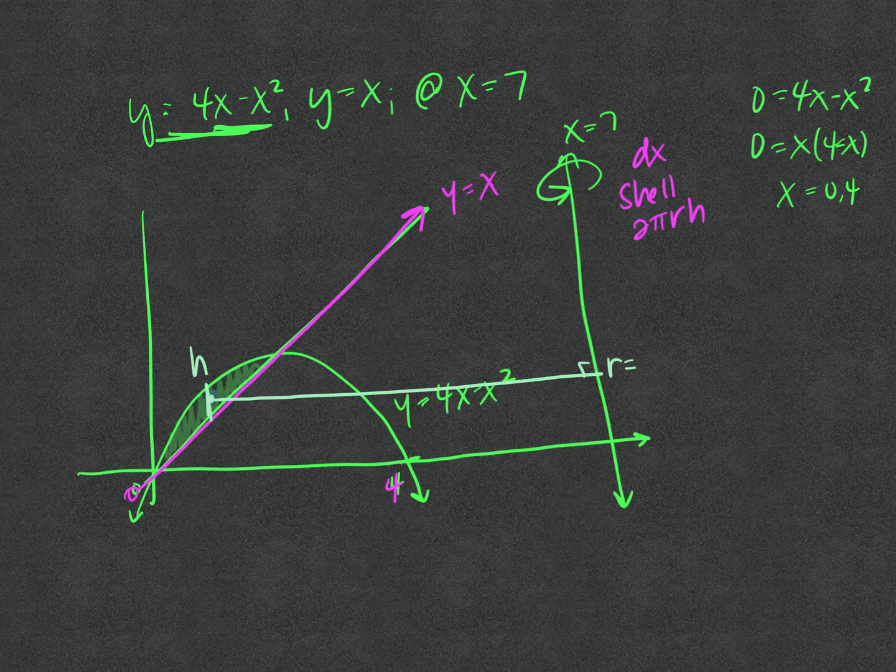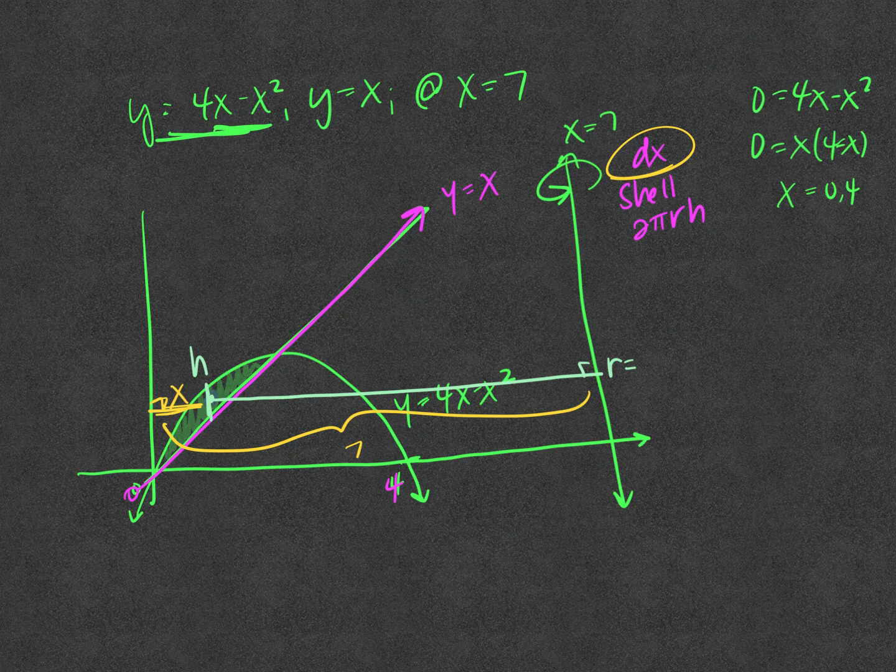Now our radius, let me see if I can find a better color. We're gonna have to go with yellow, and I'm not a big fan of yellow, but we're gonna do it. So our radius from this line all the way over to the axis is 7. And normally this radius right here, from our height over to the axis, is the letter x because we're in terms of x.